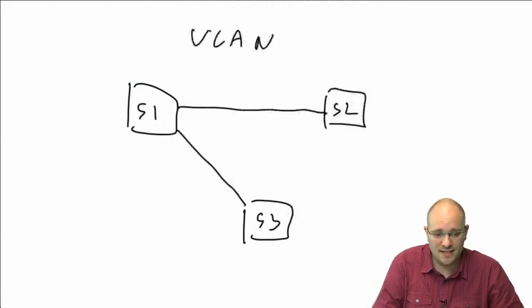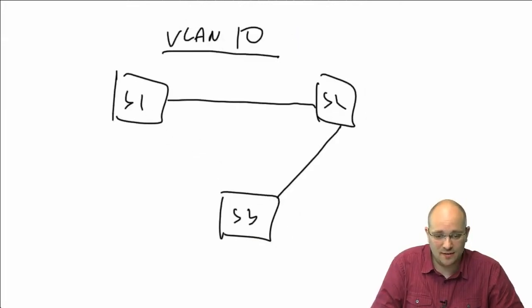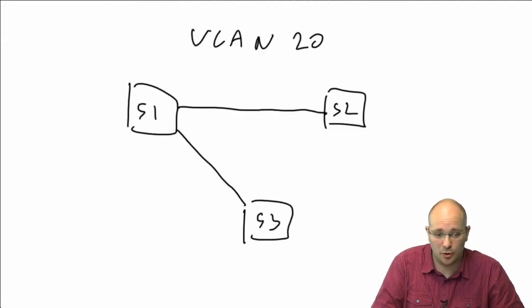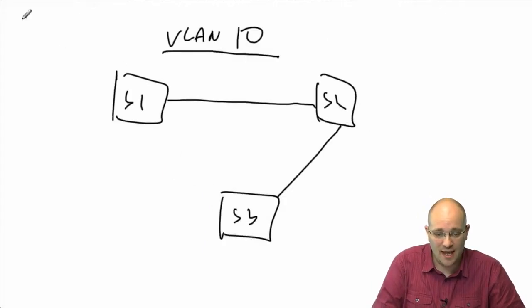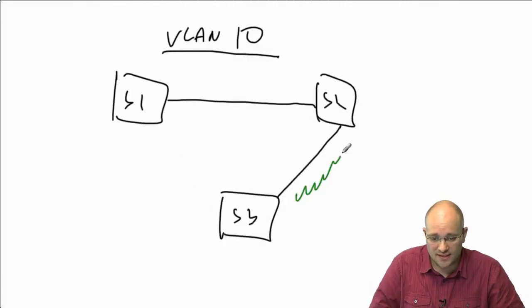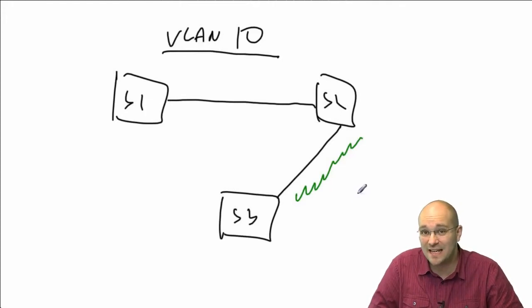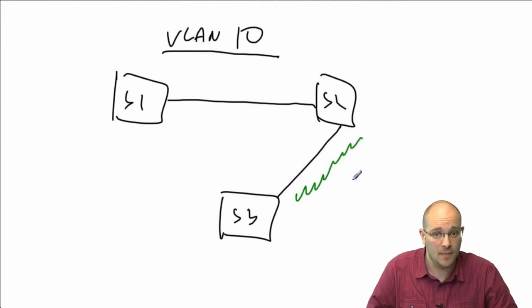So as you can see, I'm sorry, this is VLAN 20. So as you can see, for VLAN 10, this is the topology. For VLAN 20, this is the topology. So this link here that was unused for VLAN 10 is now used for VLAN 20. And also, this link here that is unused for VLAN 20 is in use for VLAN 10.